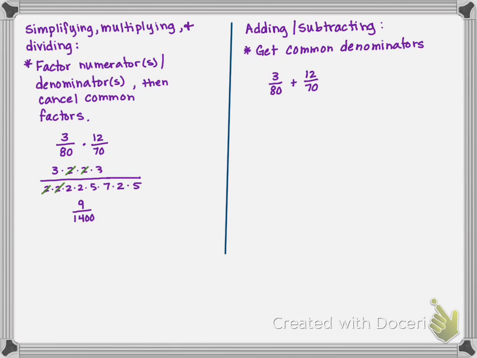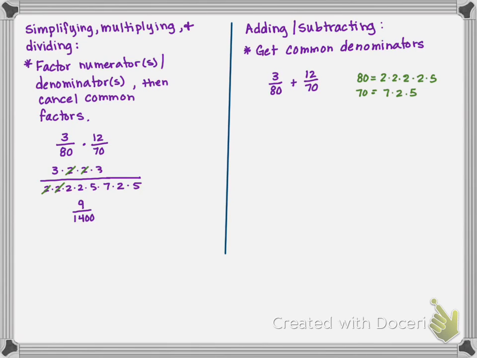So we could say 80 is equal to 2 times 2 times 2 times 2 times 5. And then 70 is equal to 7 times 2 times 5.